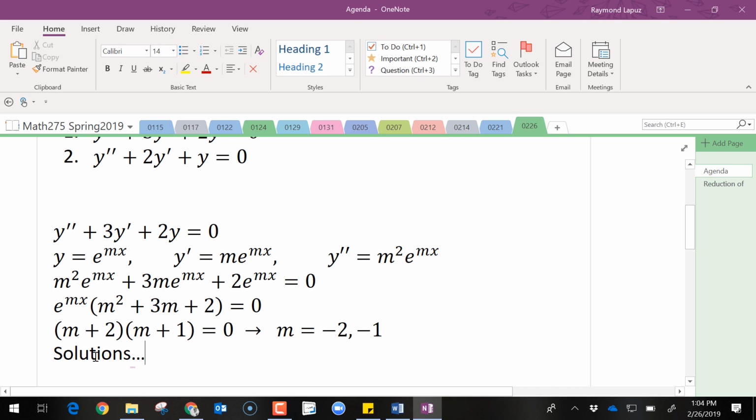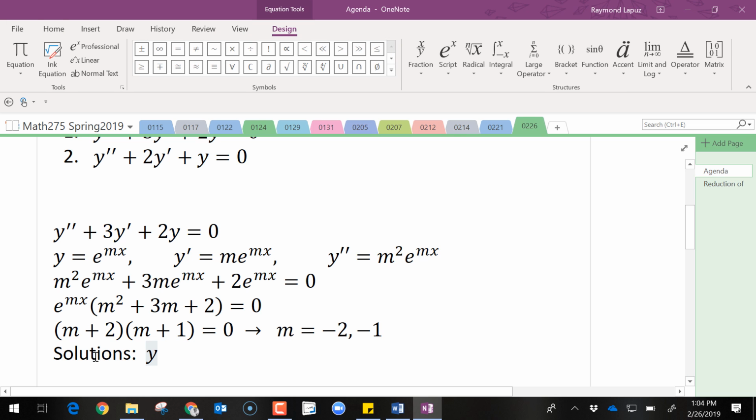We have y equals e to the minus 2x, and y equals e to the minus x. Is that right? Yeah.